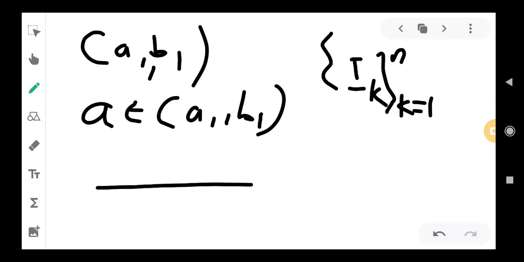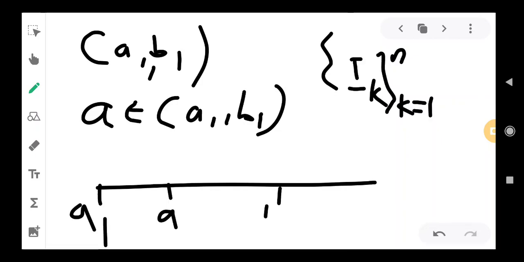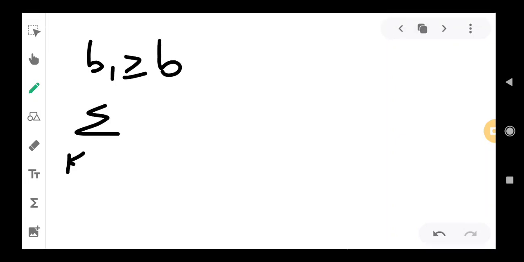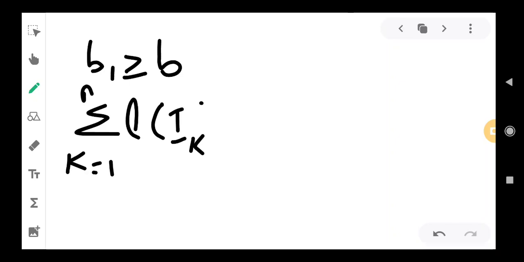Now we can discuss like this. This is the real line. This is my a1, this is my a, and this is my b1. My b can come here or here. If my b1 is greater than or equal to b, then I can write that the summation, k equal to 1 to n, of the length of I_k is greater than or equal to b1 minus a1.